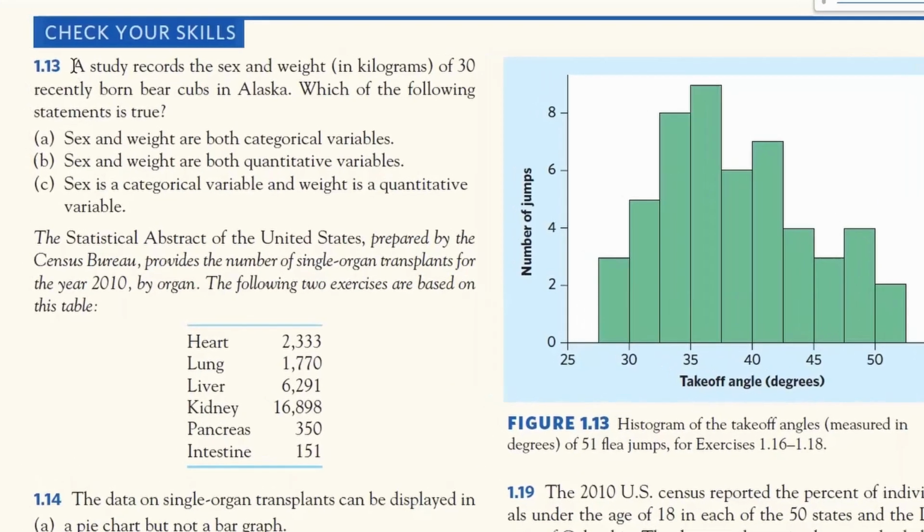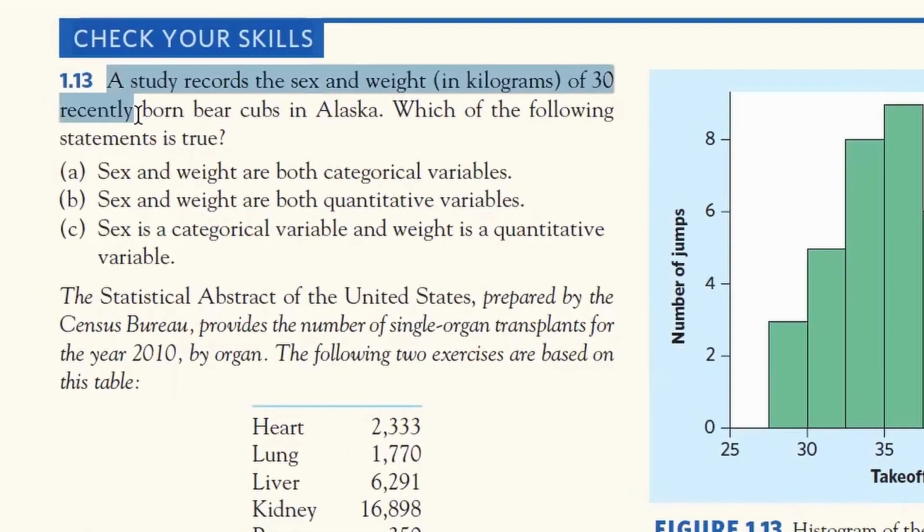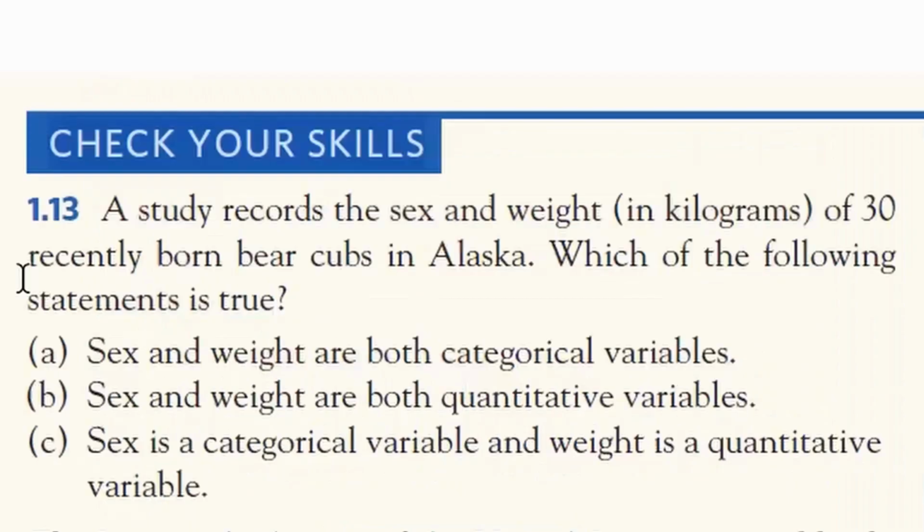You might even remember this one from the little video I did. A study records the sex and weight in kilograms of 30 recently born bear cubs in Alaska. Which of the following statements is true? Sex and weight are both categorical variables. Sex and weight are both quantitative variables. And sex is a categorical variable and weight is a categorical variable.